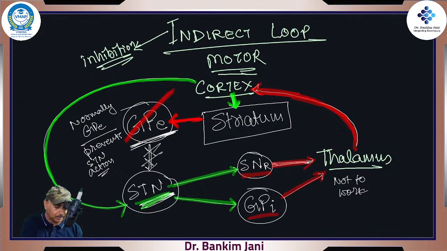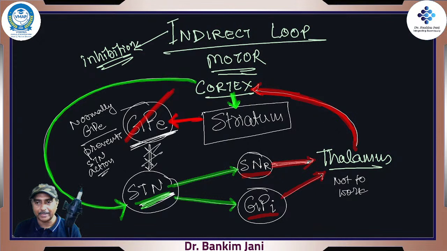So subthalamic nucleus is so happy because cortex is telling, "जाओ, you go and work," and his big boss GPE, till now he was telling no, you don't have to work, "chup baitha rahe." Now there is no one to tell him. So this path is clear, and someone is telling him "ja ja," and then the whole thing works. This is what is called the indirect loop.